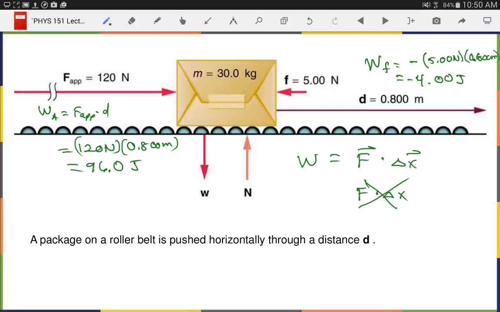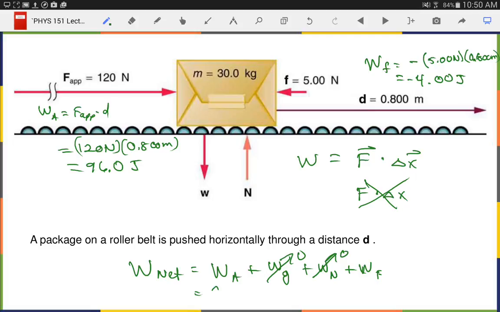So we calculated those two works. What's the net work? It's going to be the work done by all of them. So work applied plus the work from gravity plus the work from the normal plus the work from friction. We already specified those two are zeros.